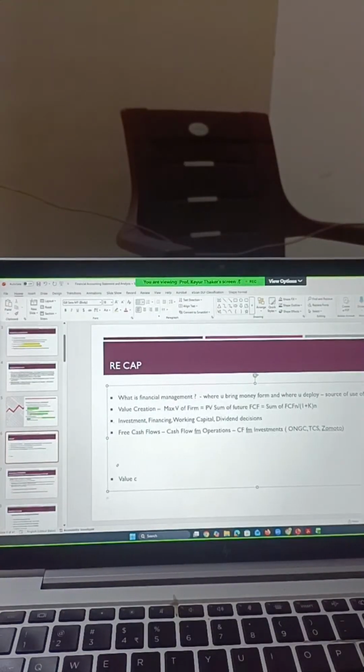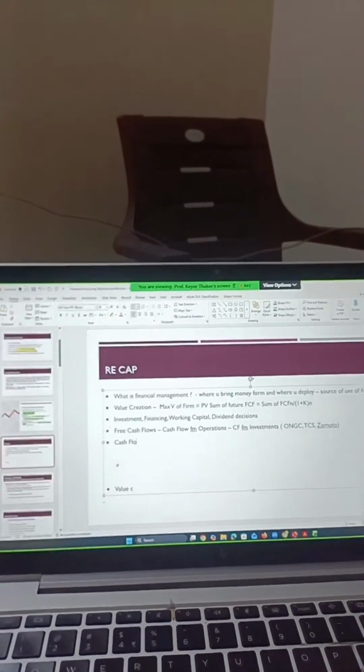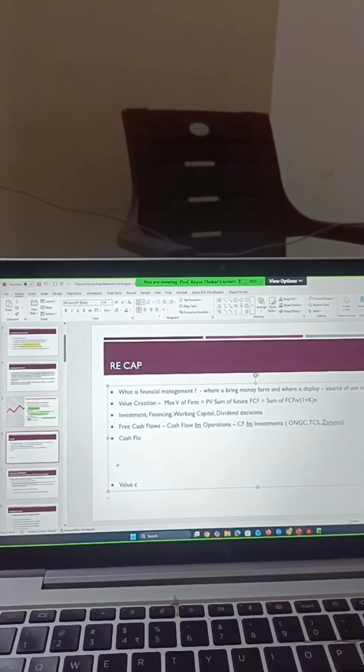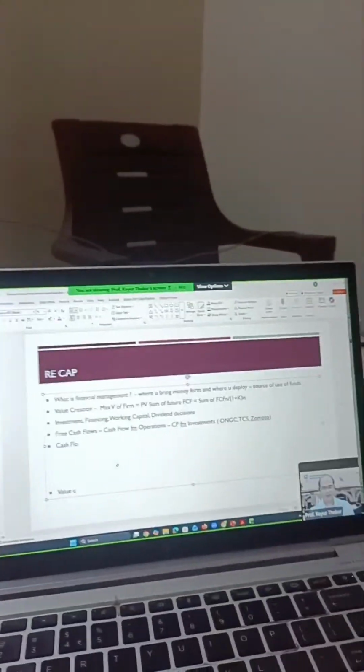So cash flow from operations, cash flow from financing, and cash flow from investing. Then what else did we discuss? We discussed that working capital can also be negative.